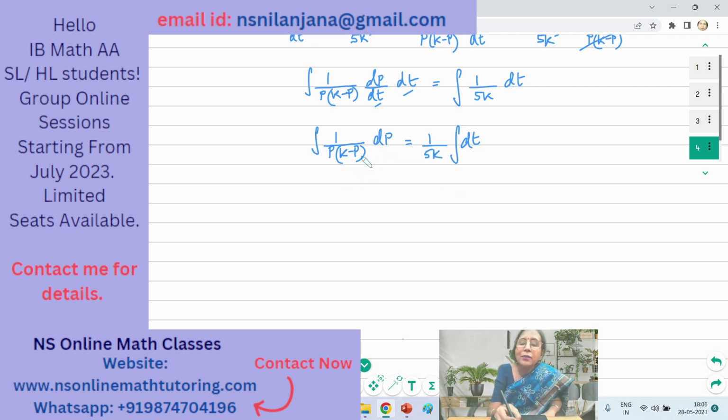And how to integrate the left hand side? Remember, we had started with a similar expression for f dash x. So let me just bring the f dash x expression, and we have found the f of x expression as well. How did we find the f of x expression? By integrating the f dash x expression. And for that, of course, we had to convert it to the sum of two partial fractions, and we had integrated those two partial fractions.